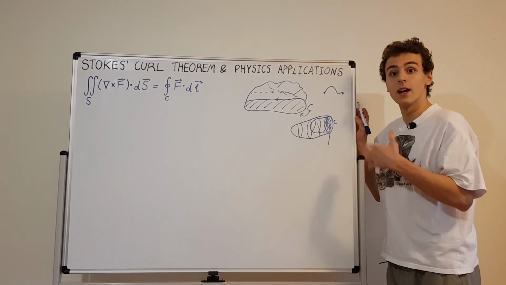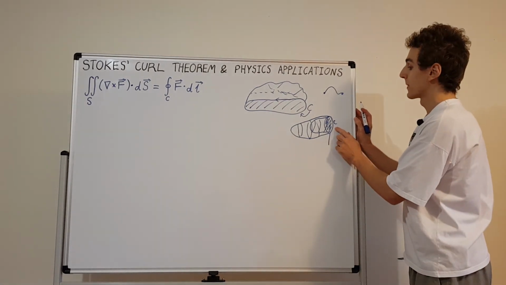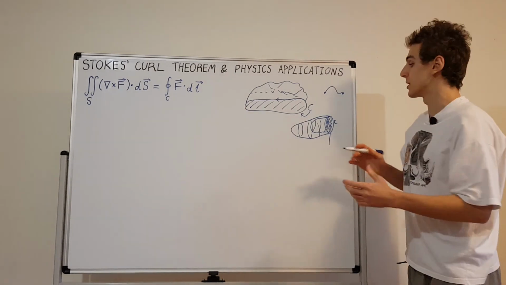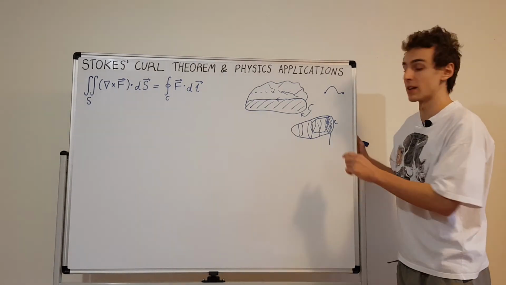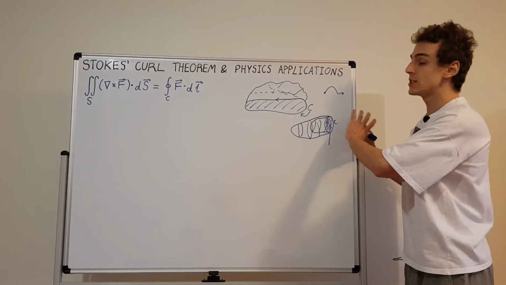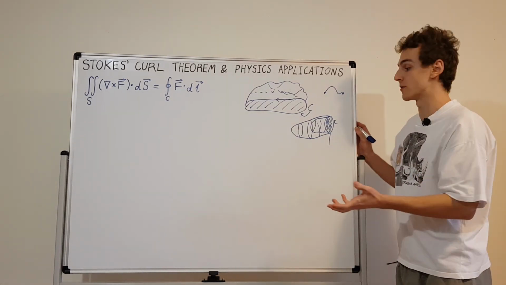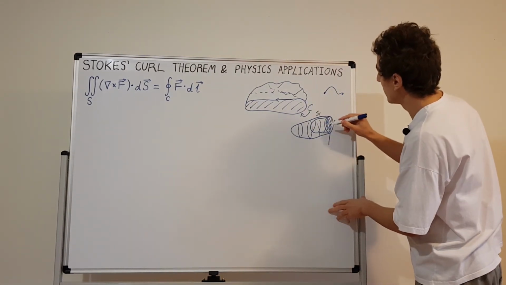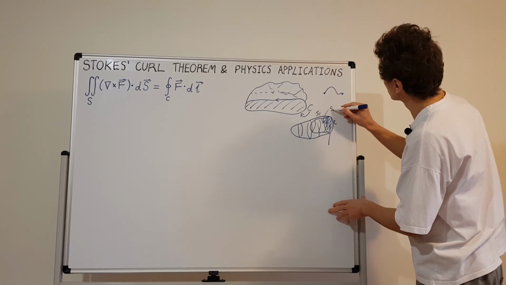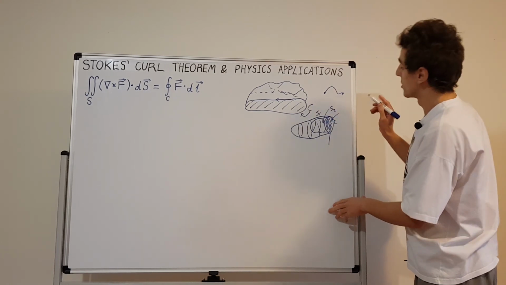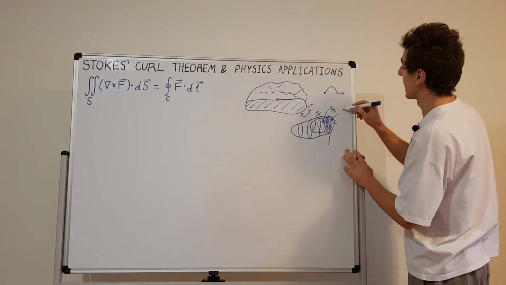So all these guys have the exact same boundary, but these are different surfaces with the same boundary curve C. We can call this one S1, we can call this smaller one S2, and we can call that one that sits in the plane S3.